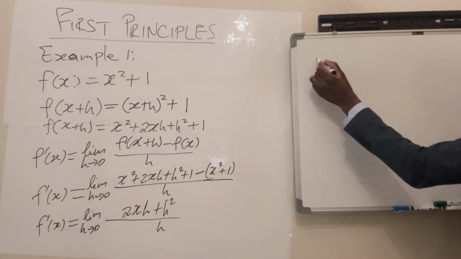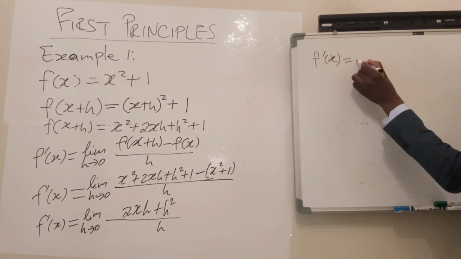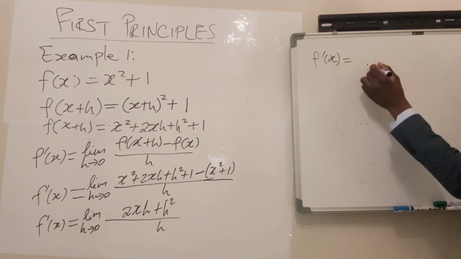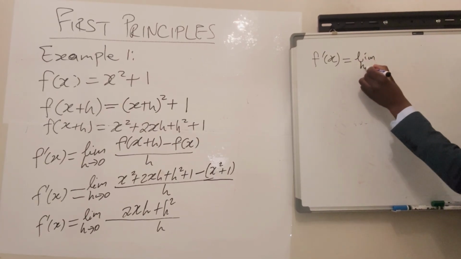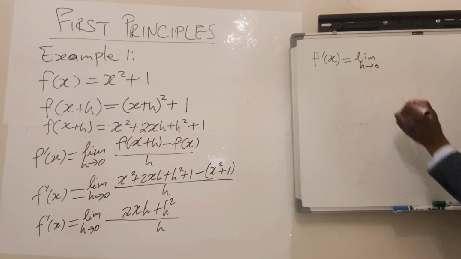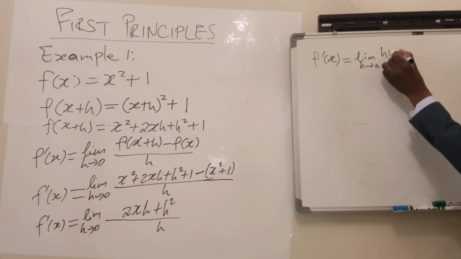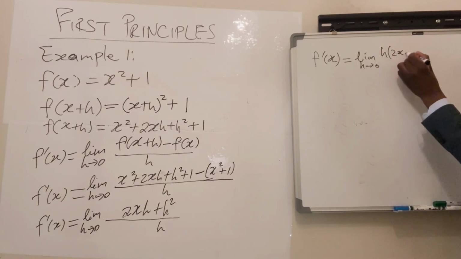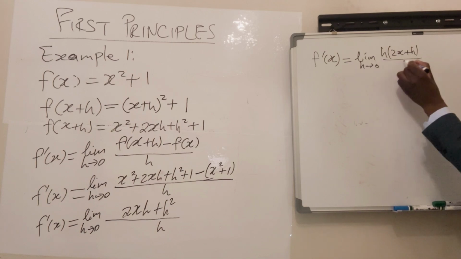If you want to go further, you can continue here, where you will say, therefore, that f prime of x is equal to the limit as h approaches 0 of h into 2x plus h, are we together, all over h.